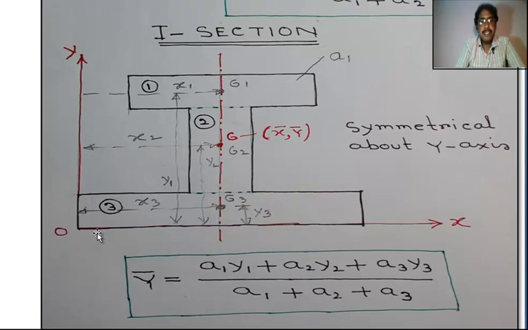This is fixed: total bottom flange length by 2. This is x bar. We only calculate y bar. Y bar equals A1 y1 plus A2 y2 plus A3 y3 by A1 plus A2 plus A3. Is it clear?